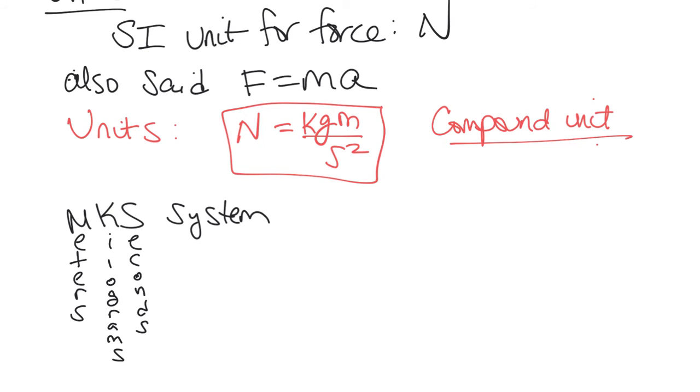So every unit that we use in physics, even if we give it a special name like Newton, is actually made up of meters, kilograms, seconds, and for temperature it's Kelvin, and then also amperes.